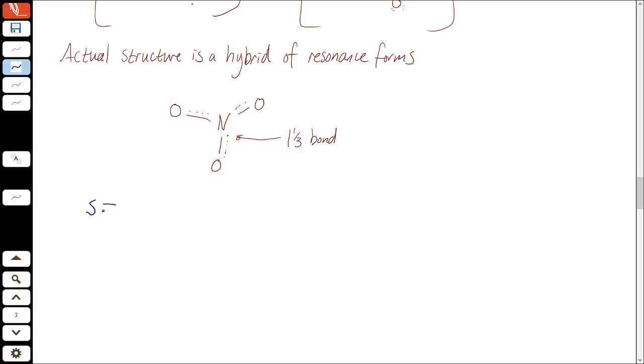thiocyanate ion is SCN. And there are a few different ways you can draw a Lewis structure for SCN. Here's one. These are different resonance forms. Another one.